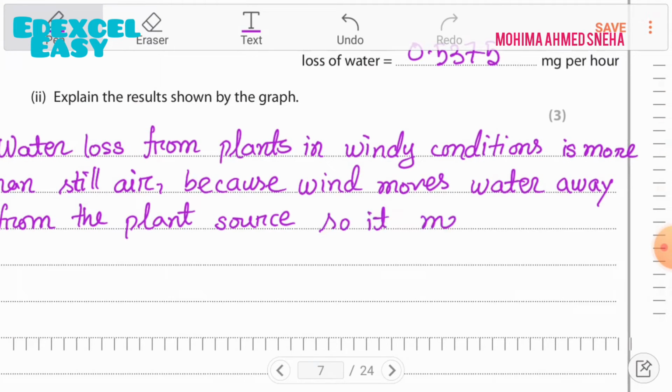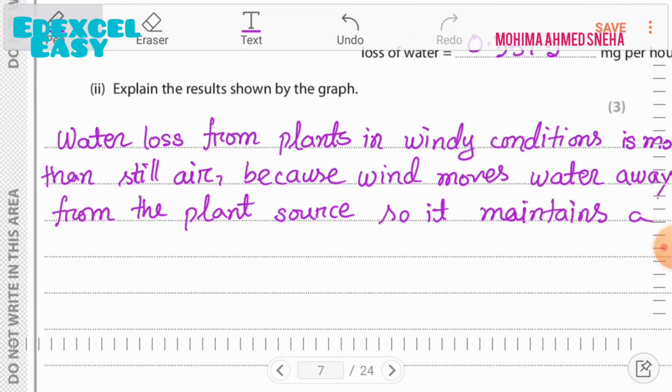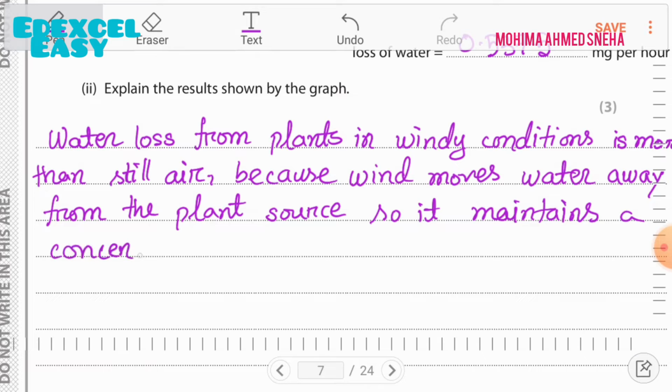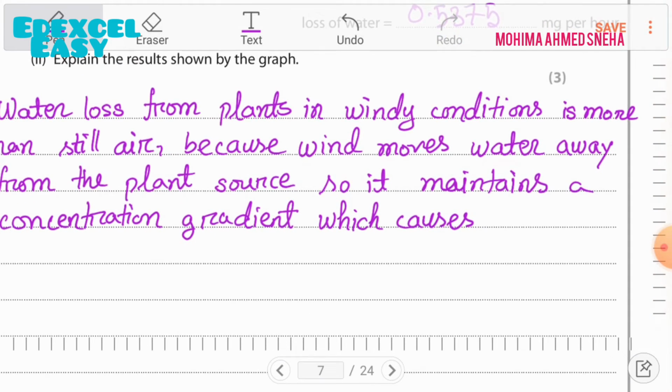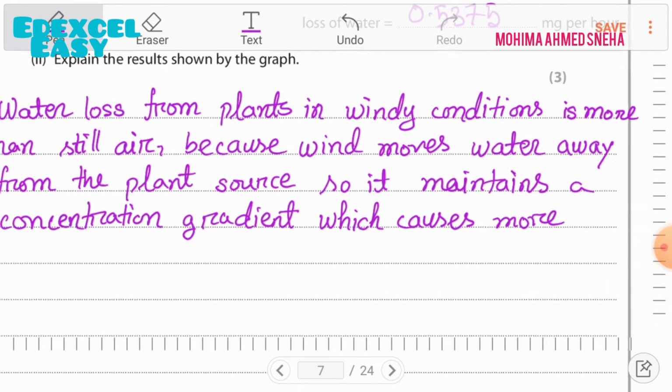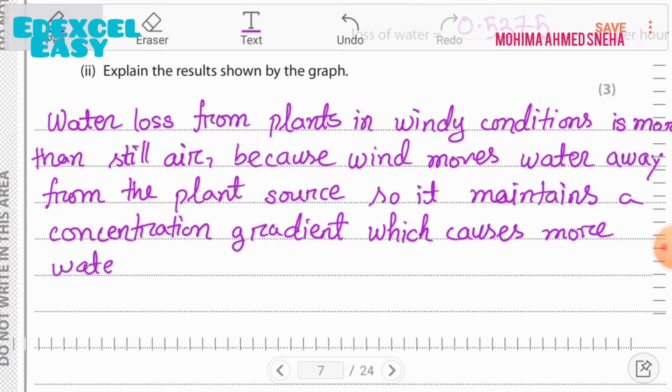so it maintains a concentration gradient which causes more water to move out of the plant by evaporation.